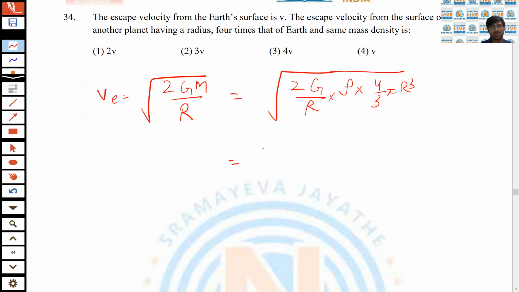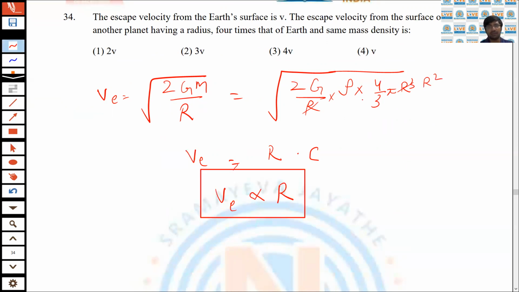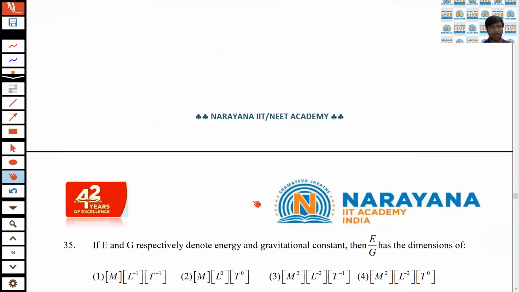So this becomes r square times this value. This becomes r and some constant c. So we can make out from this expression that v is proportional to the radius. Now, if the radius becomes 4 times and everything else remains the same, obviously the escape velocity becomes 4 times. So the correct option is the third option.